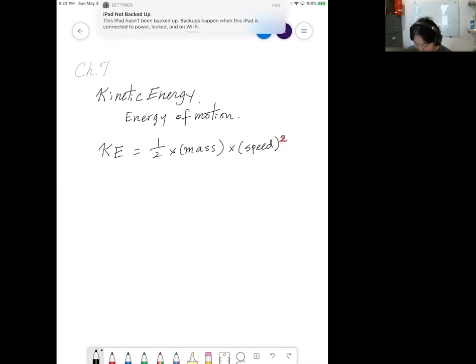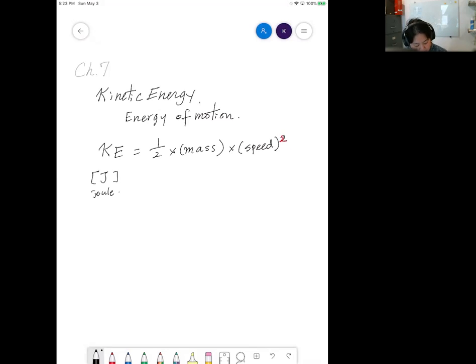Again, its unit is the joule, right? And it's a scalar. All the work and energy, they're all scalar. They don't contain any information about direction. So that's it. This is the definition of kinetic energy.